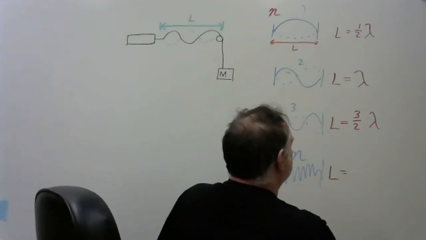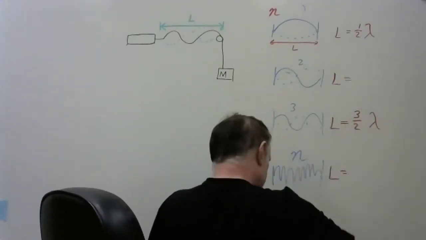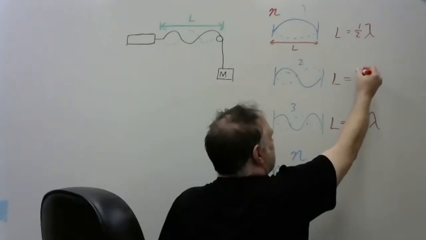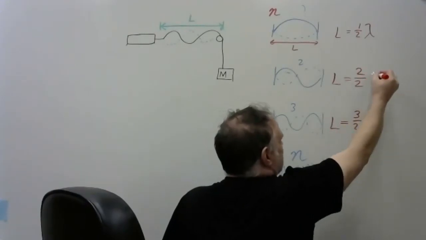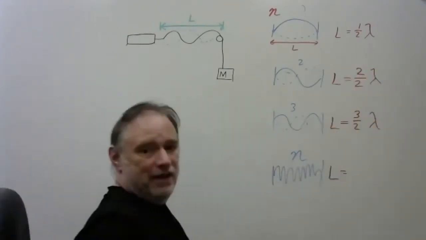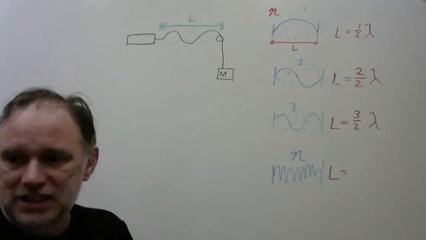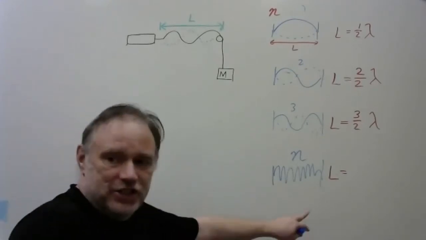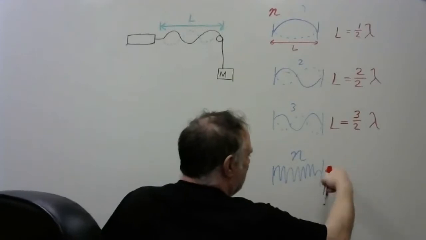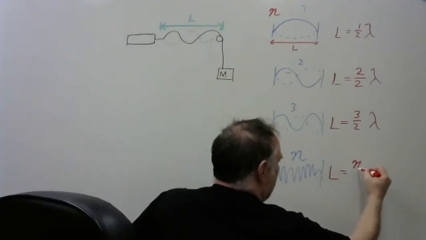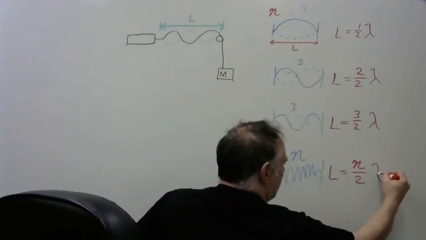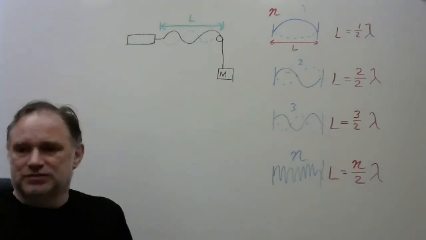And even though it might look a little silly, for this one, I'm going to make it 2/2 of a wavelength. Now, one is 2/2, so do it like that. So there you go. It's just half of n. Whatever the n is, it's n/2 of a wavelength.